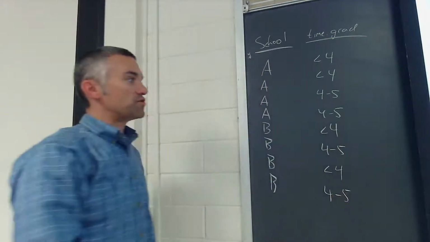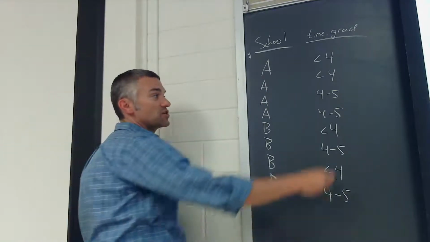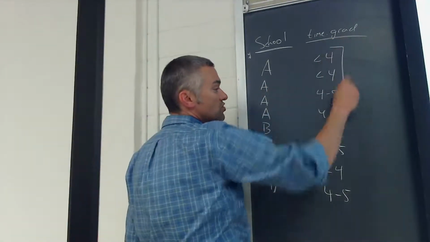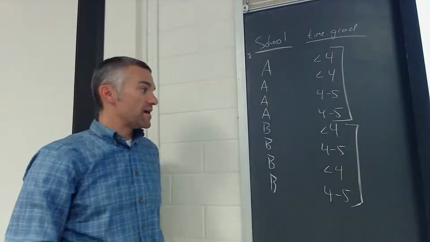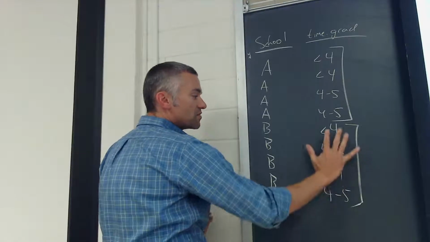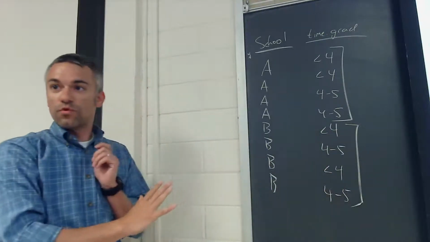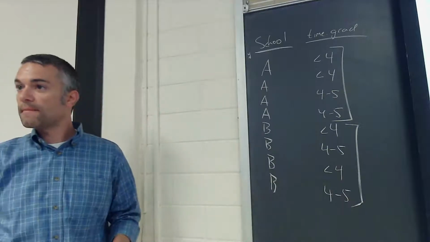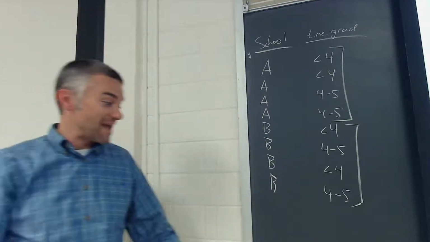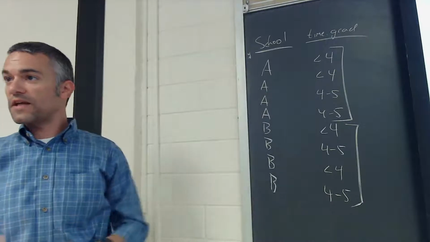What our restricted permutation is doing is not shuffling this entire column, it's shuffling those and shuffling those. So all of these are still tied to the salaries from school B, and all of these are still tied to the salaries of school A. That way we've maintained that school salary relationship.